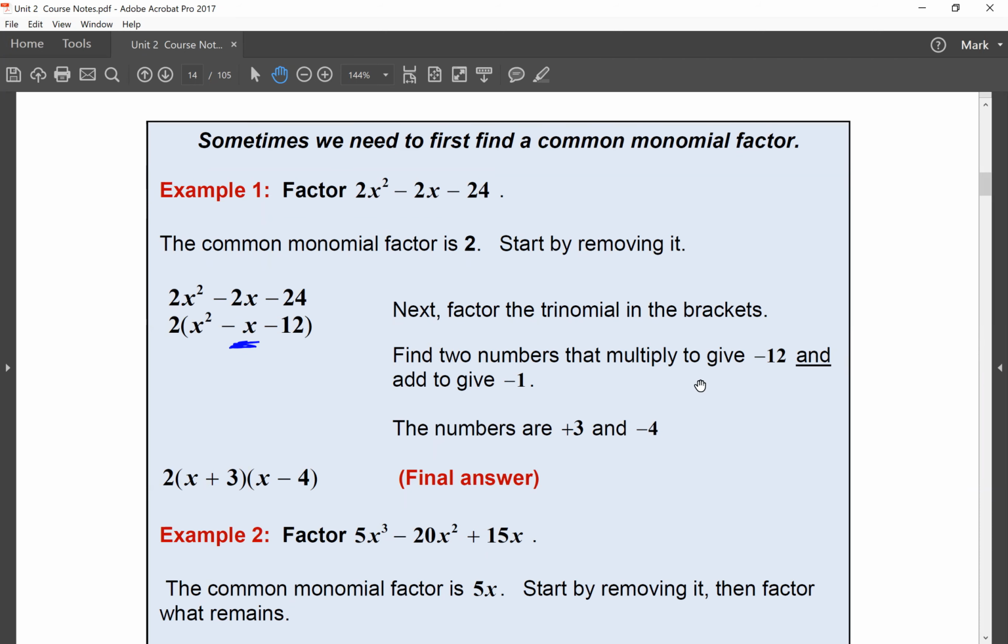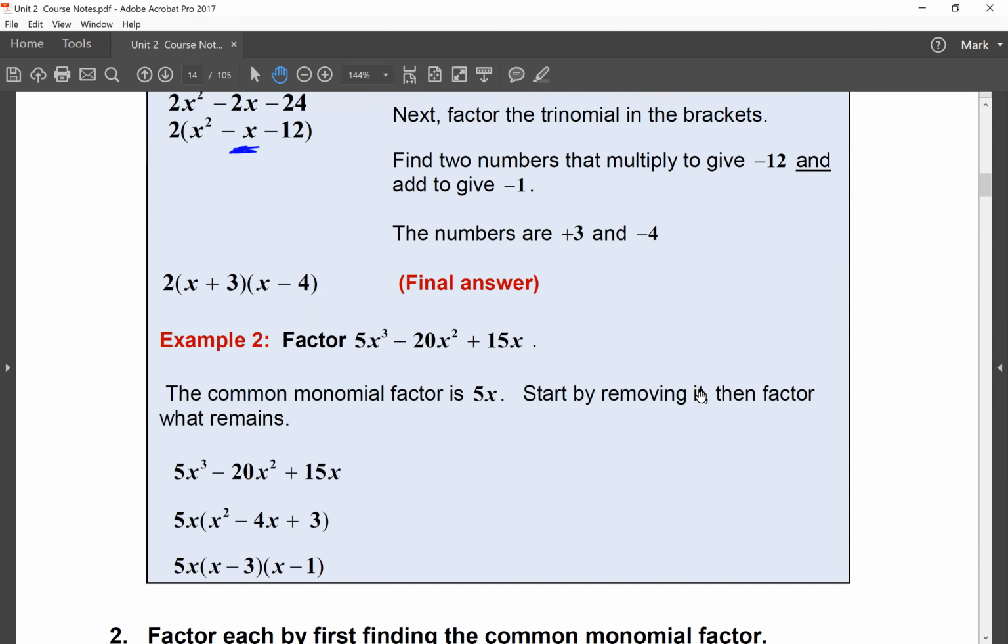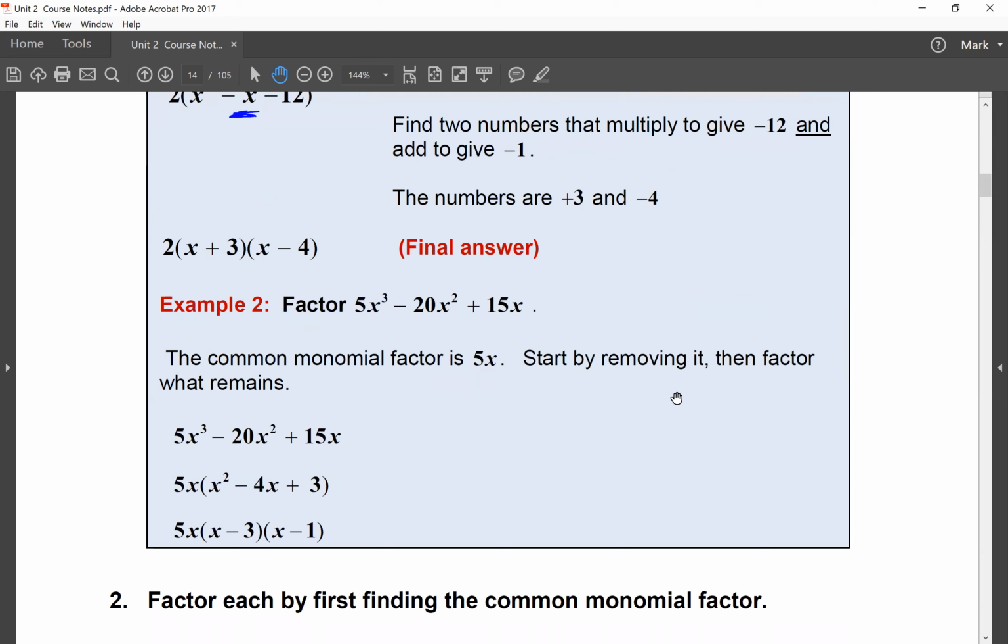So the answers for this one are 3 and 4. If you look at example number 2, we factor out a 5. Actually, sorry, for number 2, we can factor out a 5x, not just a 5. We remove the 5x, and what remains, where you can see me circling with my pen here, is pretty straightforward.